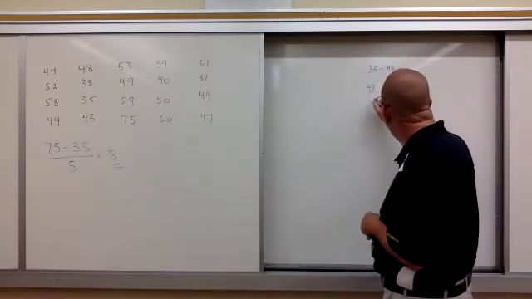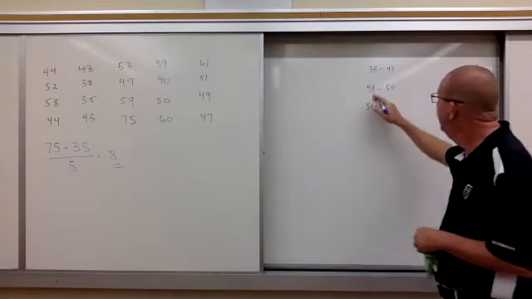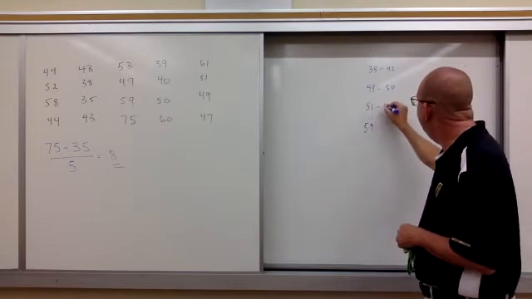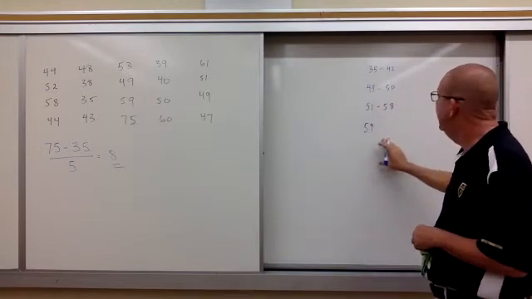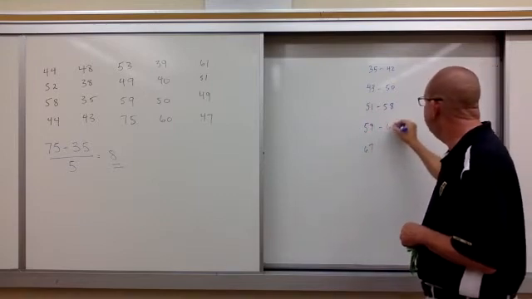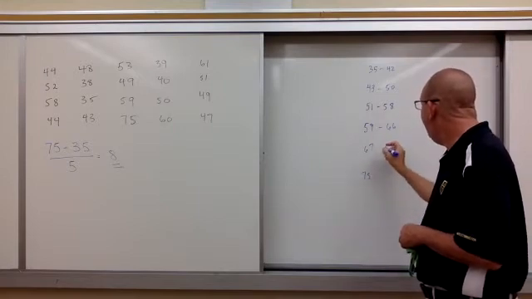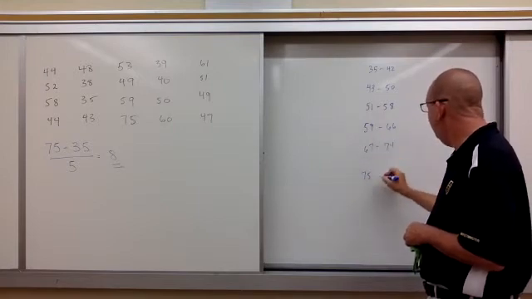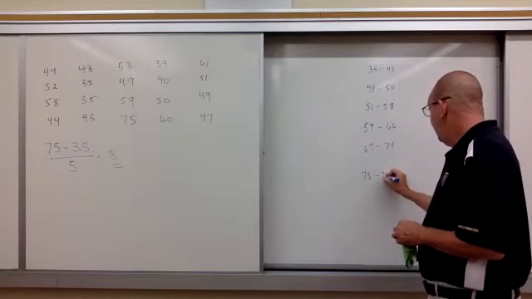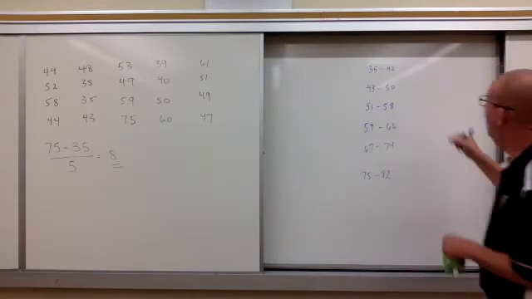The next group here would be 8 more, 51. So that's 43 to 50. The next group here is 8 more, 59. This would be 51 to 58. Next group here, 67. So that's 59 to 66. Next group here, 75. This is 67 to 74. And this would be 75 to 82.